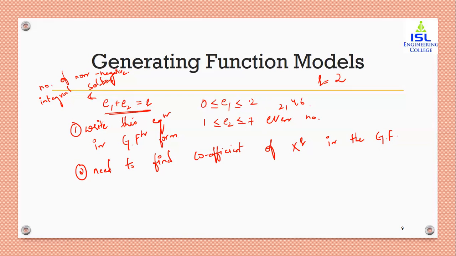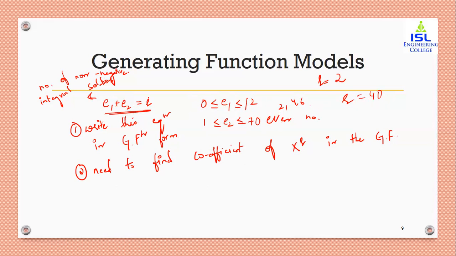No. But suppose you're taking a bigger problem where the constraints are more, or the range of numbers that you can take for E1 or E2 or both of them is larger. That is, instead of E1 being from 0 to 2, I am taking E1 from 0 to 12 and E2 from 1 to 70, and r I am considering as 40. Then how many solutions are there? It will be difficult to find solutions for that type of problem where your range is larger or where the conditions are more.